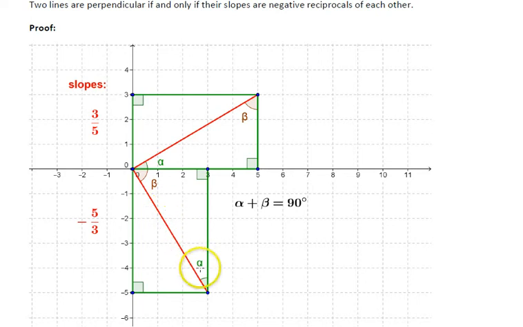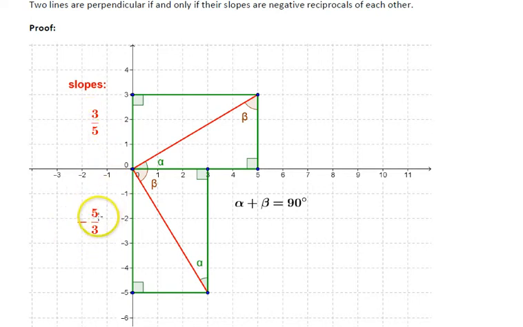So this angle here is alpha, because it's across from the shorter leg, and this angle here is beta. If we add alpha and beta together here, this angle between these red lines, alpha plus beta, is 90 degrees. We have a right angle, and those 2 lines are perpendicular. And notice the relationship in the slopes.